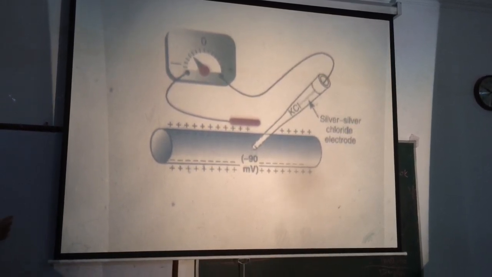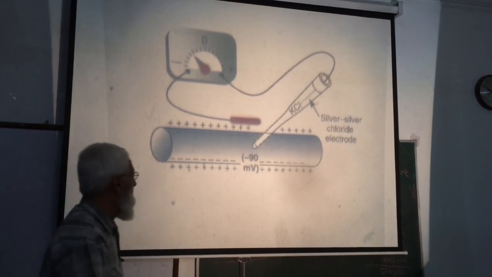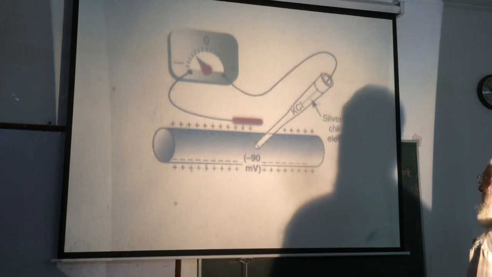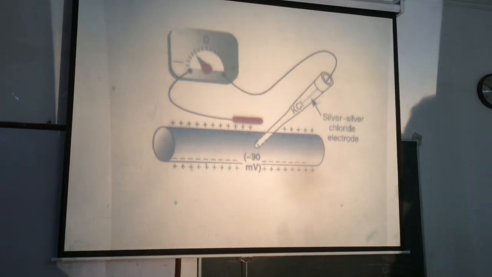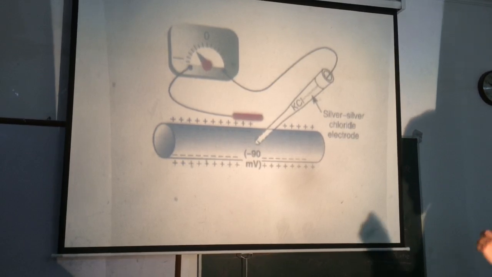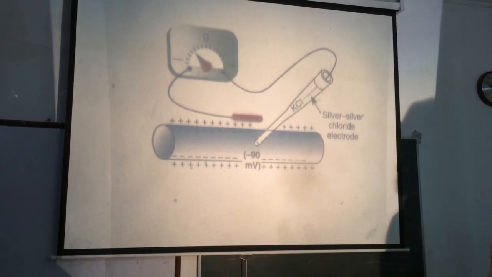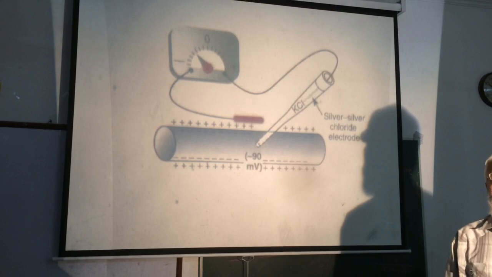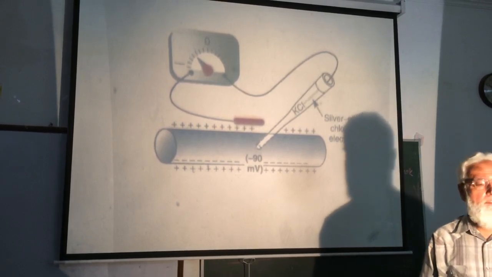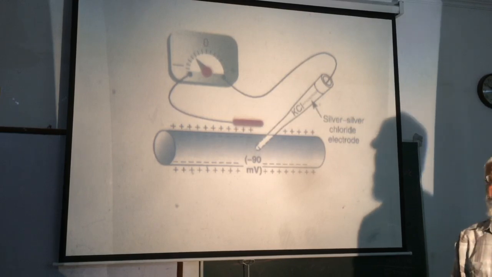Say this is a muscle fiber or maybe a nerve fiber. It is minus 90 millivolts, inside negative with respect to outside. What is the mechanism of resting membrane potential?